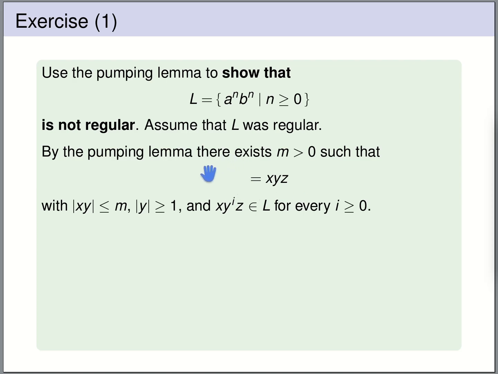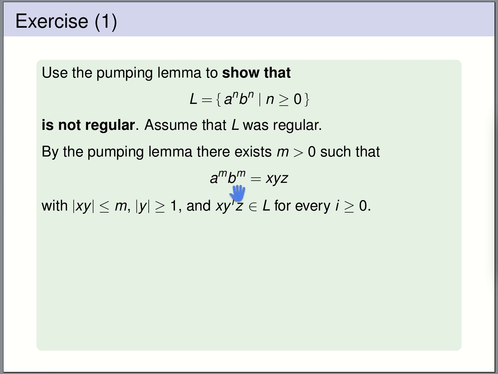Now we can pick a word that is longer than m and is from the language. So what word shall we pick? If we want a word that has at least length m and is in the language, I think it's quite an easy choice. We could, for instance, choose the word a to the m, b to the m.